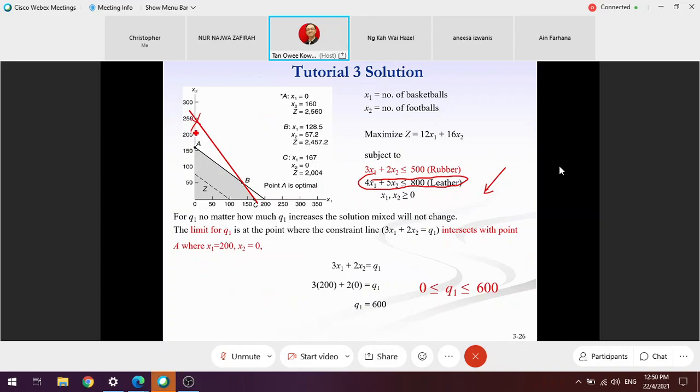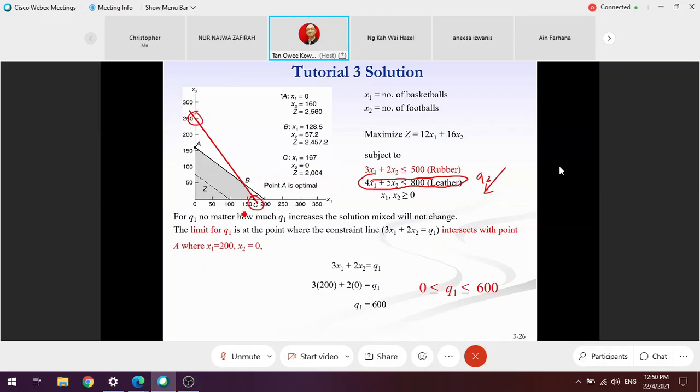Before that, I want to find a sensitivity range for constraint number 2, Q2, the line of black color. Theoretically, the next step is I need to identify 2 points that another constraint intersect at part C, X, and Y. So theoretically, I must find these 2 points.